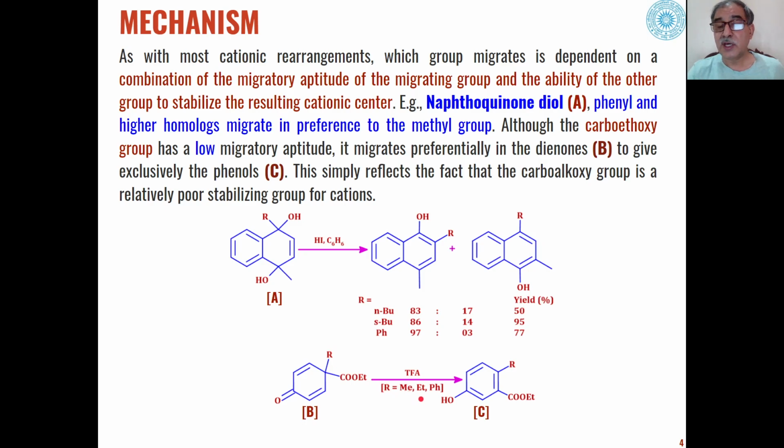And in case of methyl or ethyl, this will be a tertiary carbocation which is much more stable. Whereas in case of phenyl group, this will be a benzylic carbocation which is even more stable than the normal tertiary alkyl. So that is why migration of this group will lead to the formation of more stable carbocations, and hence only that product is formed where migration of the ester group is taking place.